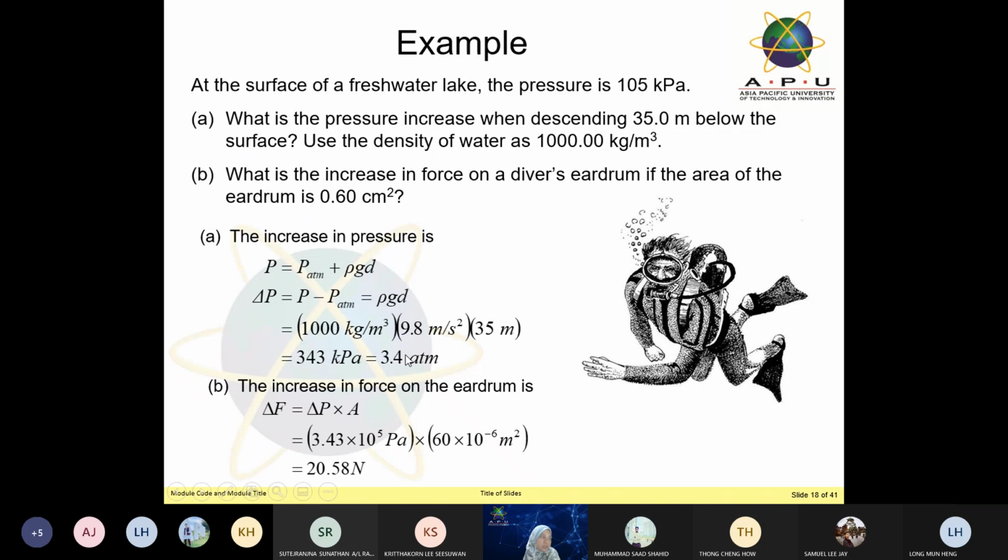Okay, so change of F is equal to change of P multiplied by A. So change of P is from the previous calculation, 20.58.